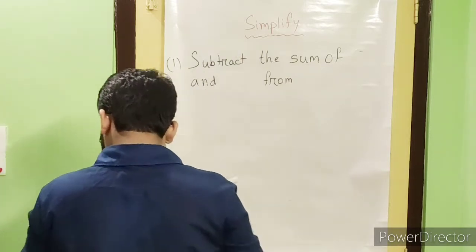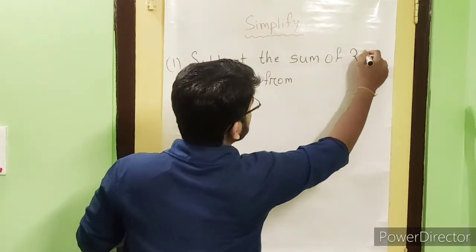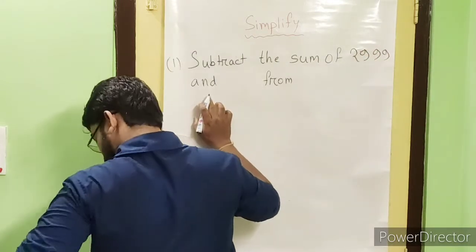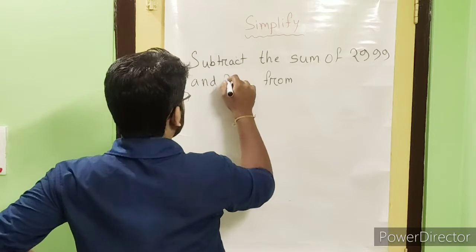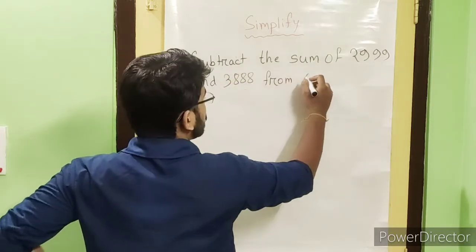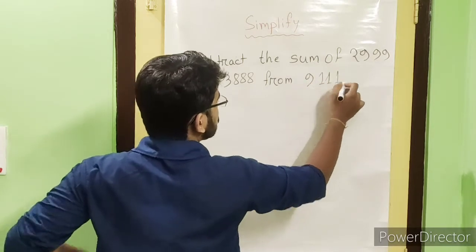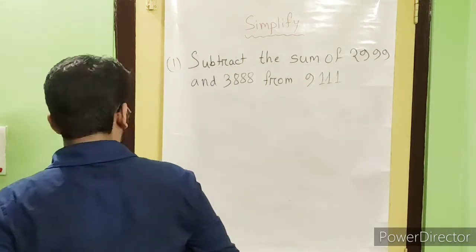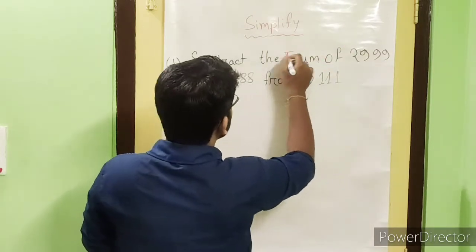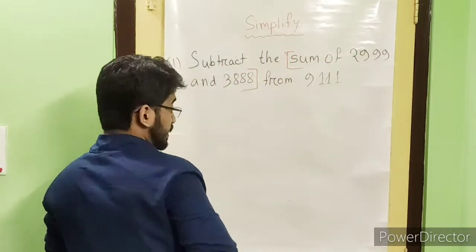Subtract the sum of 2,999 and 3,888 from 9,111. So what we need to do? We need to subtract the sum of 3,888.